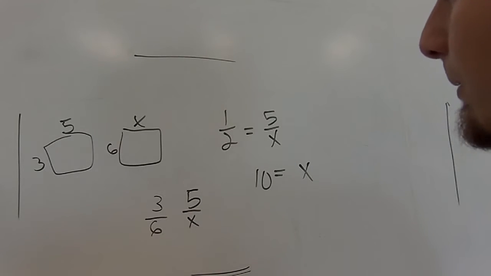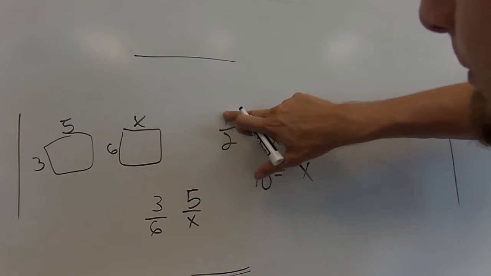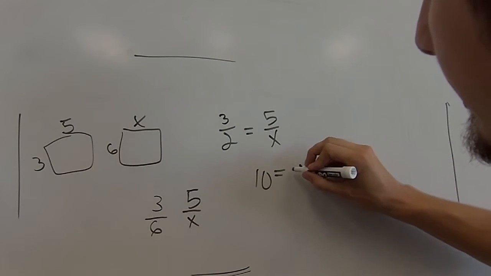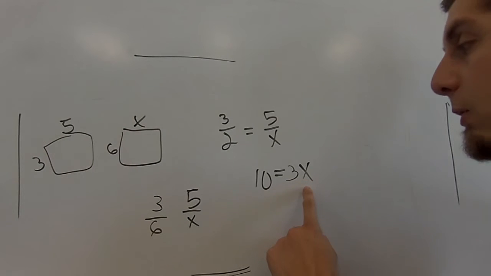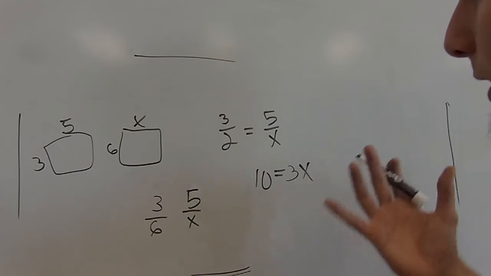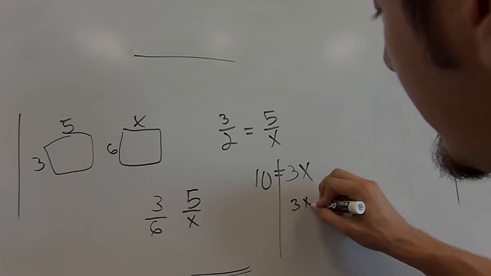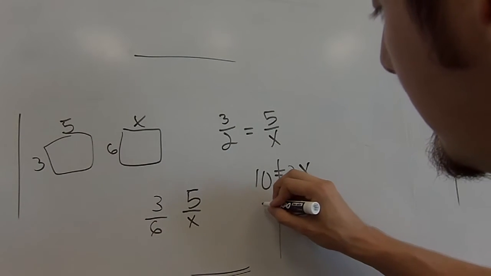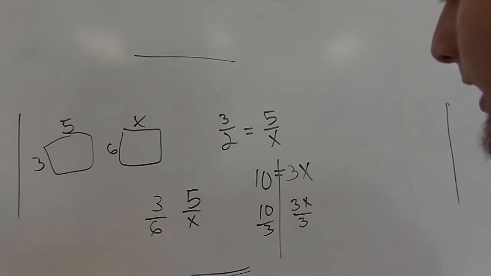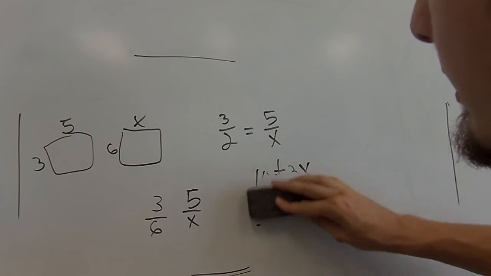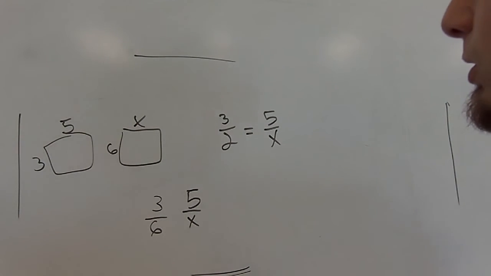Okay? Sometimes instead of having a 1 up here, you might have something like a 3. At which point you'll have 3x, and in order to figure out what x is equal to, you'll have to solve a one-step equation. So in this instance, I would have to divide both sides by 3 and find out that x is actually 10/3, or 3.333333 if I finish the problem. So sometimes you'll have to do a one-step equation.